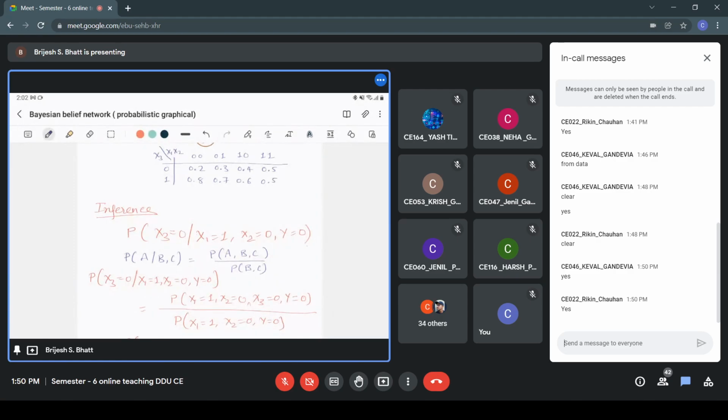That is the joint probability of A, B, C. We have done this a number of times by now, so it should not be difficult to understand.